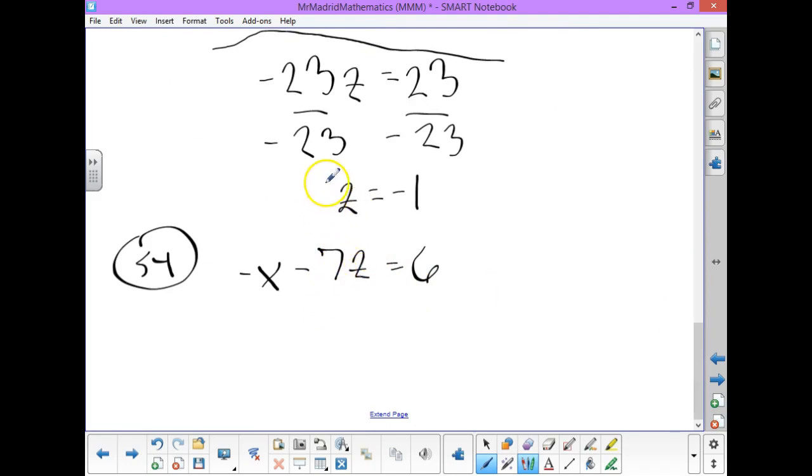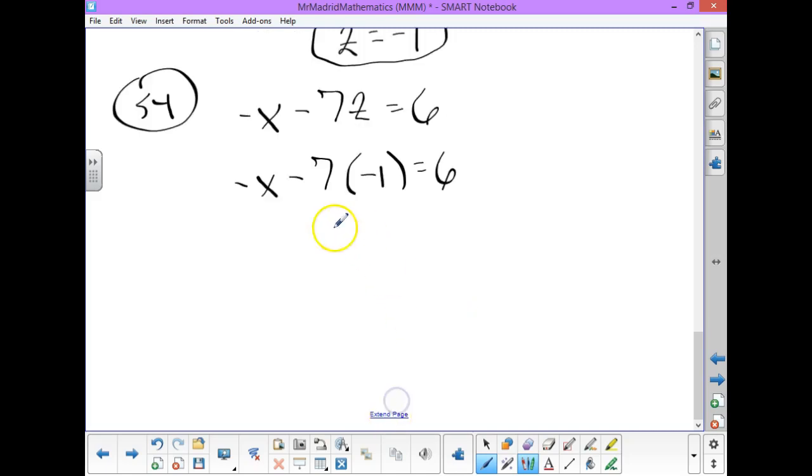And we already know z is negative 1, so let's plug this in there. Negative x minus 7 times negative 1 equals 6. Do the math on that. We got plus 7 equals 6. We're going to subtract 7, so I have negative x equals negative 1, and x equals 1. Done.